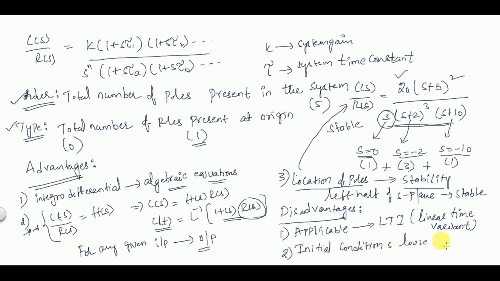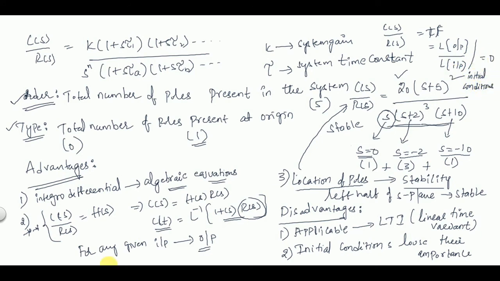lose their importance. As I have told you, the transfer function is the Laplace transform of output by Laplace transform of input, making all the initial conditions equal to 0.